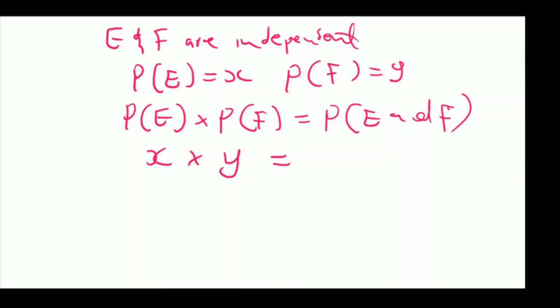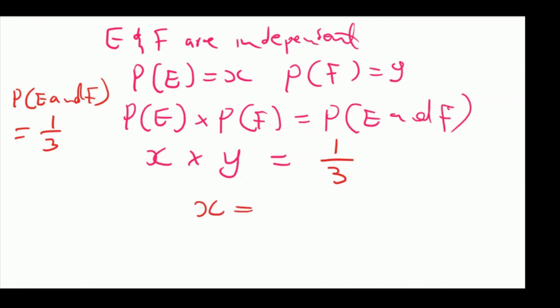It was given as 1 over 3. So X times Y is equal to 1 over 3. This can be equation 1. So maybe you can say X is equal to 1 over 3 divided by Y.